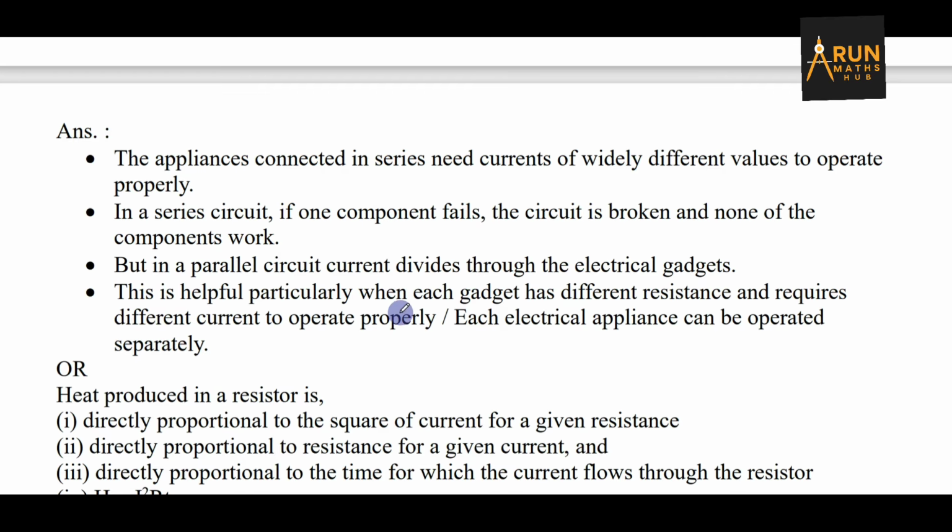This is helpful particularly when each gadget has different resistance and requires different current to operate properly. Each electrical appliance can be operated separately. When connected in parallel, it is more advantageous because when one component fails, the other electrical components still work, whereas in series they will not. You can operate with individual switches in parallel.